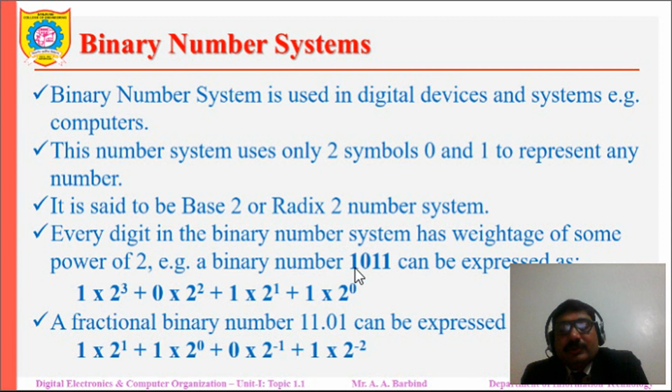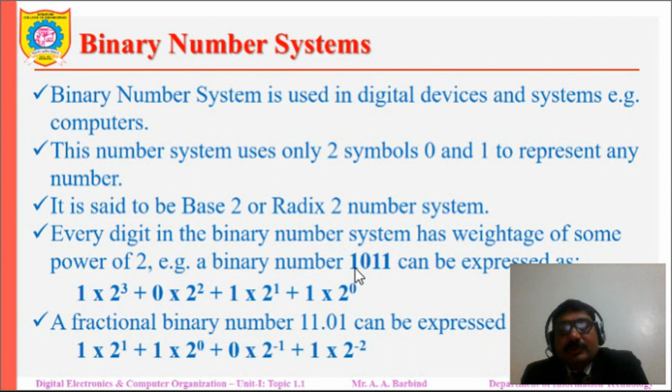In addition to the binary number system, we can represent numbers in the hexadecimal number system or octal number system. The binary number system uses only two symbols to represent any number.